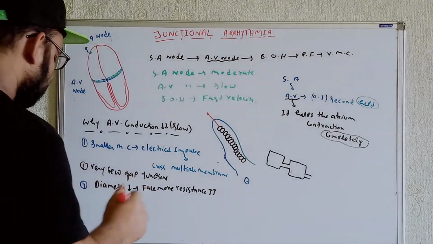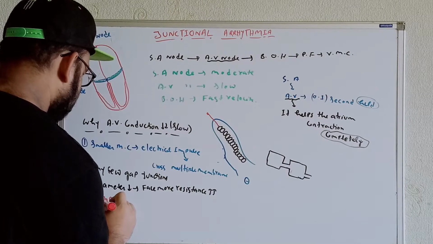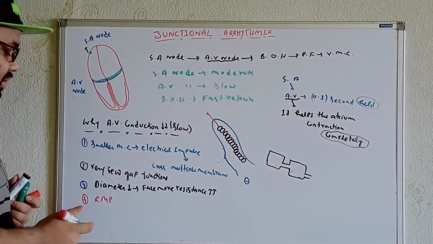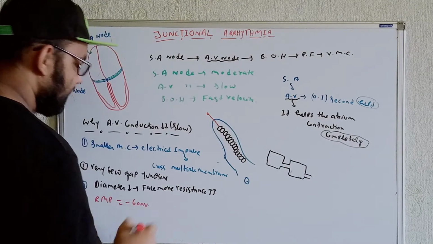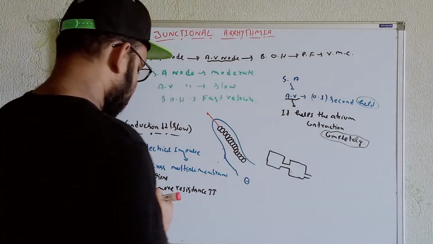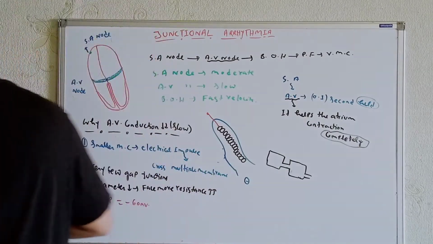The resting membrane potential of the AV nodal cells is around minus 60 millivolts. Now try to understand. For example, there is a cell. I'm just taking a hypothetical cell.